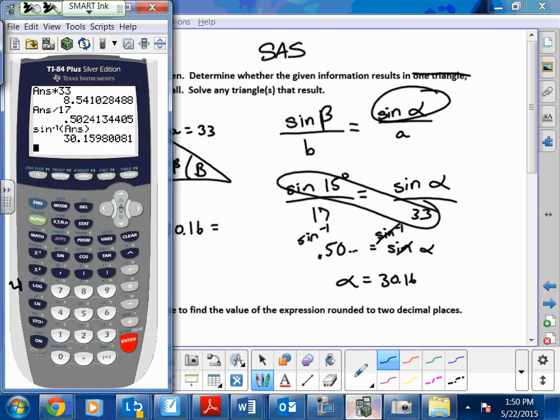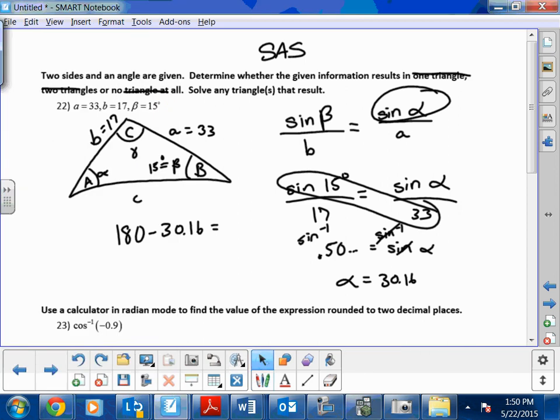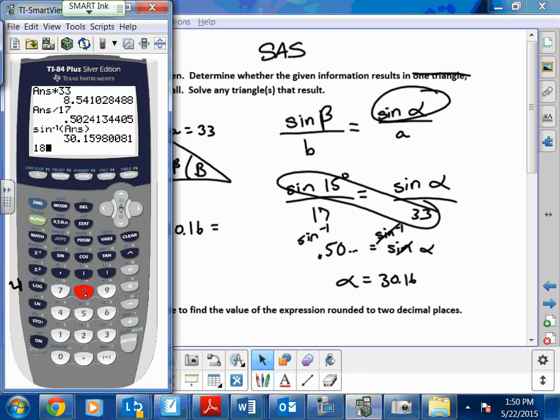So let's go ahead and do 180. Before I do that, let me switch over to this mode. And I could type on here 180 minus 30.16. And there we go, 149.184.